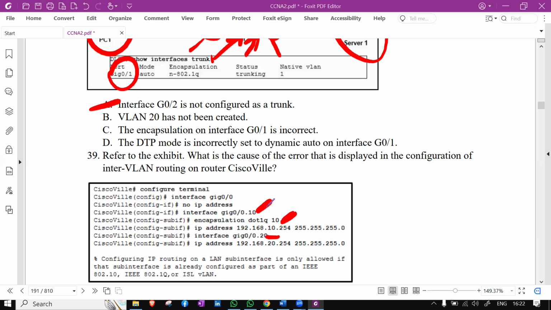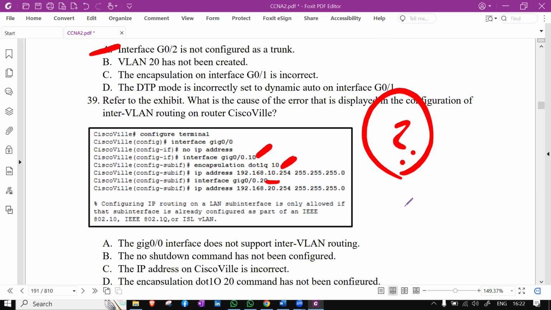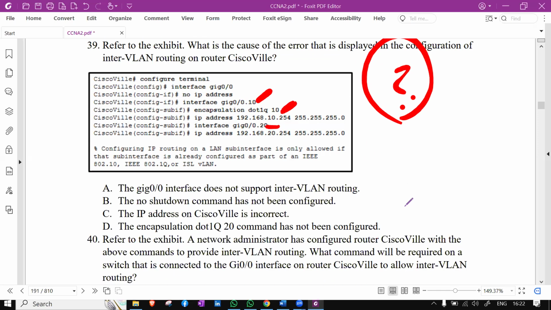What of the next one? Encapsulation dot1Q, what is it for? What's your understanding of that command? What does it do? You should know. Right, so the response here, let us see encapsulation. This one.